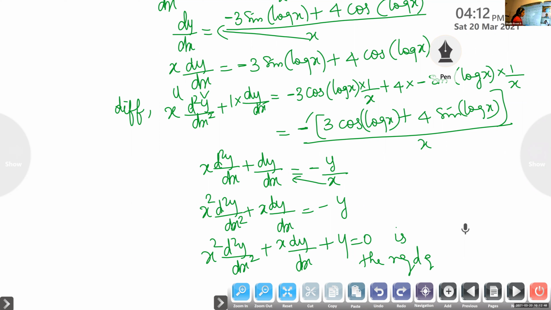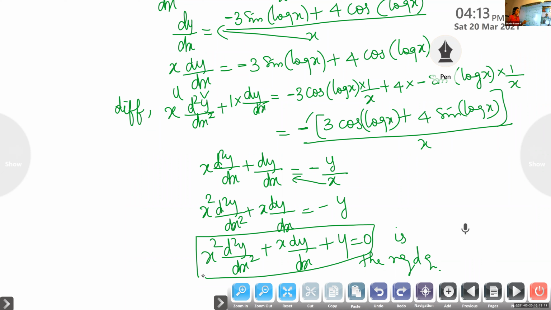Are you getting this answer? Check it. Are you getting it, is it a solution or not? Therefore, this is a solution. Okay. Here we are not finding dy by dx and d square y by dx square and substituting. Instead of that, when we find the second order derivative itself, we are getting the equation. Here what is the method we have used?